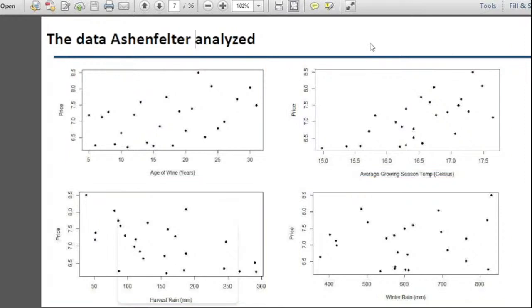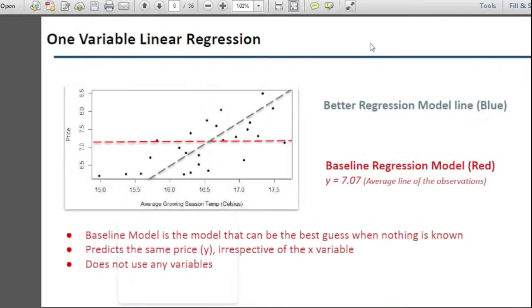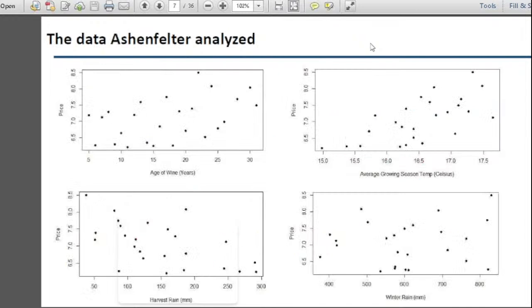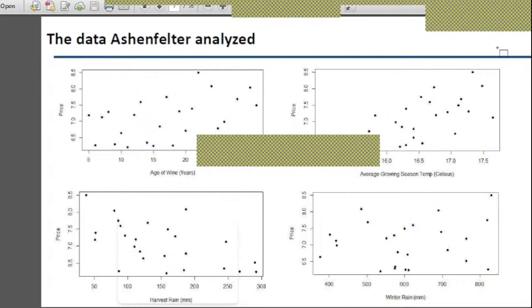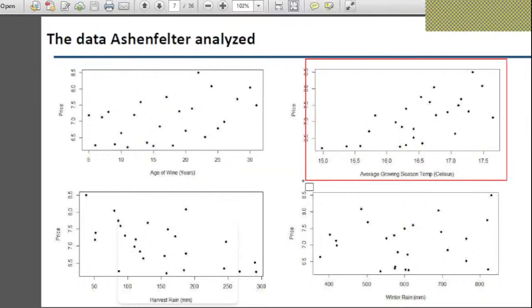Okay. So now what we are going to do is, we are going to take one variable, average growing season temperature. What was the average growing season temperature that was measured, with the price, and we are going to start understanding regression from there, and then we will bring in more variables after we understand the concept with one variable.